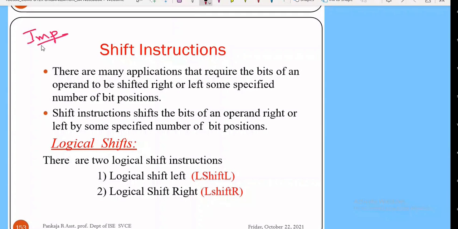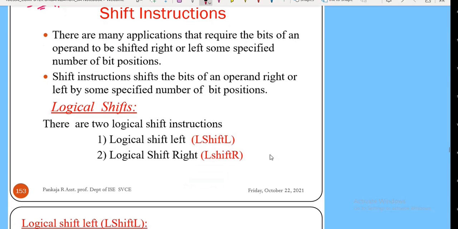Next, very important. Normally they'll ask this question: explain shift and rotate instructions. Very simple thing here, there is nothing much complex in this instruction. You need to understand how shifting takes place. There are many applications that require bits of an operand to be shifted right or left by some specified number of bits.